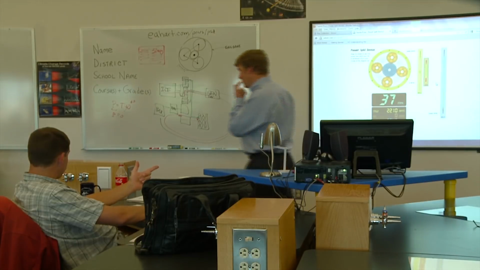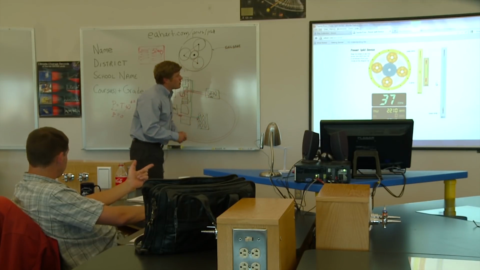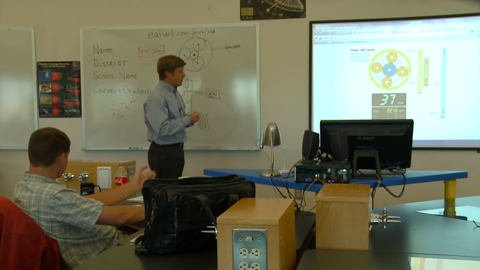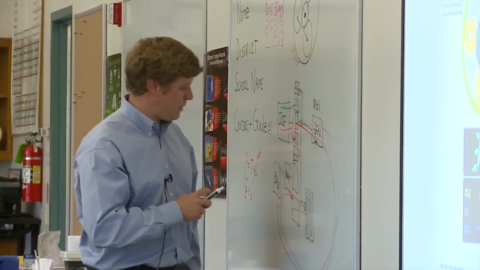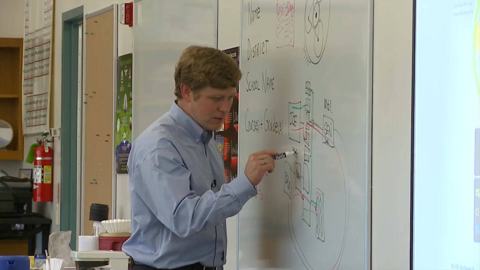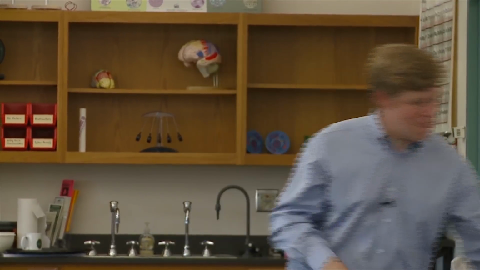MG1 is the generator, right? Yeah, I should label them. It's an electric motor that can spin both directions, MG2. That circuitry is controlled by switches. It's alternating, so it doesn't matter.